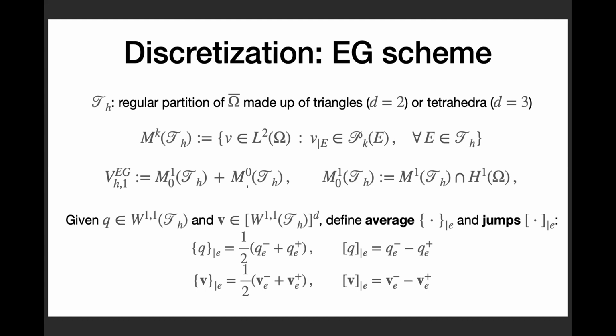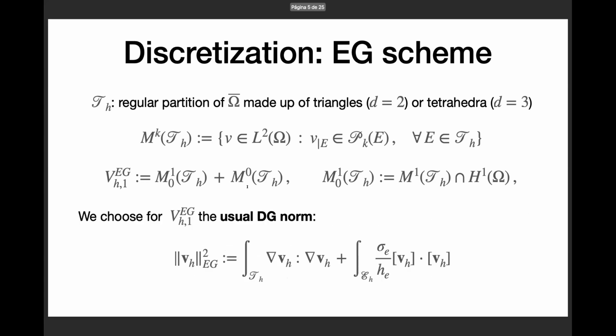And it's important that we have a normal vector that fixes the orientation. We also consider the usual norm for the enriched Galerkin space. Here, sigma_e are some of the penalization parameters.